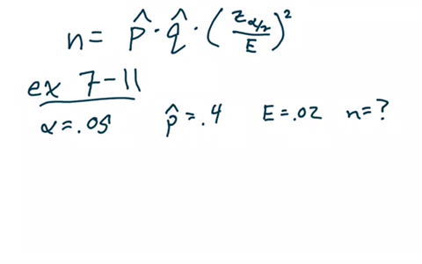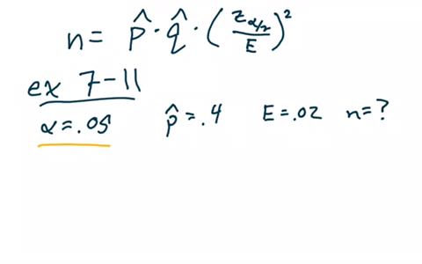Okay, so hopefully you could see what I was doing to break this problem down. We wanted 95% confidence, therefore 1 minus alpha is 0.95, therefore alpha is 0.05.